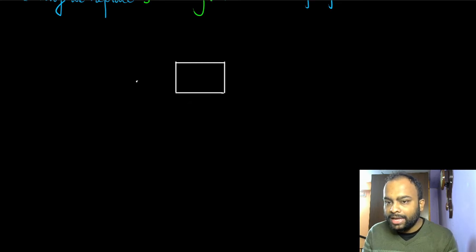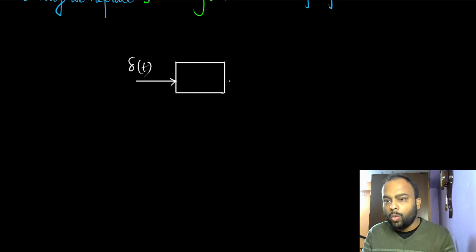In any case, if I have a system, and if I excite that system with a unit impulse signal, whatever output that system produces is known as the impulse response of the system. So here g(t) is the impulse response of the system, right?